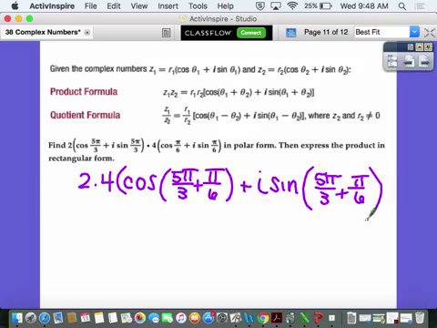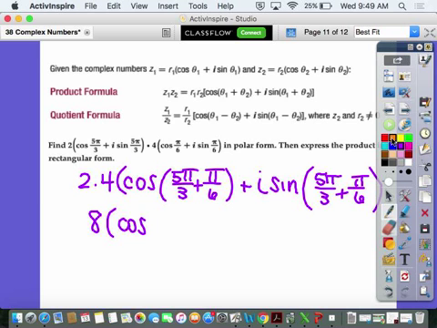Question: when we add the angles, we're going to have the same denominator, right? Yes. You do need to add these, so you need a common denominator, which would be 6.